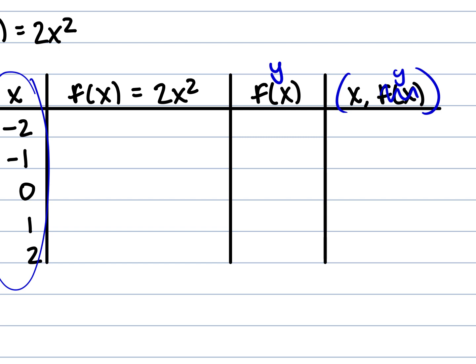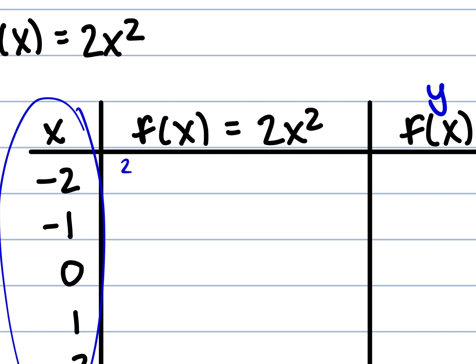So starting with -2, I have 2 times -2 squared. What do I have to do first here? PEMDAS, what would we do first? Parentheses, but we don't have any math going on in the parentheses, so what would come next? What's the E stand for? Exponent. So we want to do the exponent.